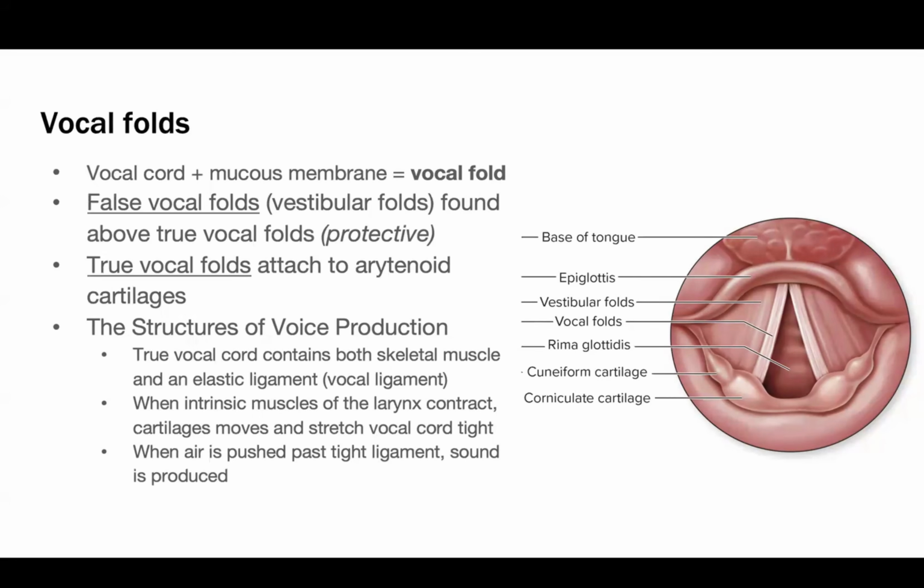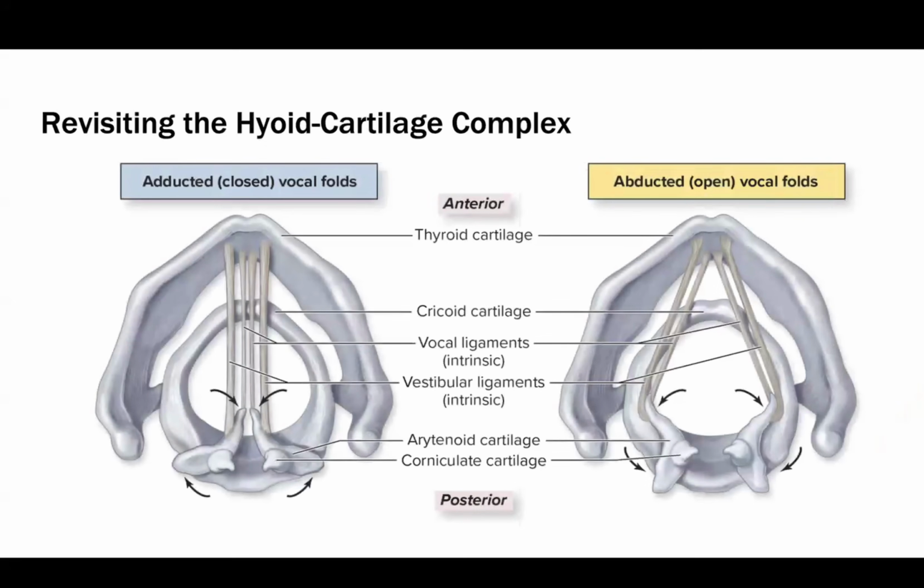Now, here's how sound is made. When your intrinsic laryngeal muscles contract, it's going to move the arytenoid cartilages. When you're moving the arytenoid cartilages, it stretches the vocal cords. Think about this like tightening guitar strings. So when air is pushed past the taut ligaments, they're vibrating and producing sounds.